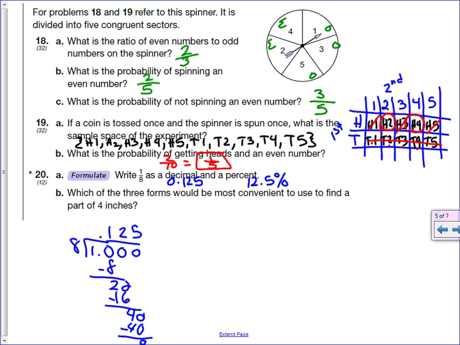And I would say that the fraction form is easiest, because 1/8 of 4 means 1/8 times 4, which is 4 over 1, and 4 and 8 gives me 1/2. So it's easier to do mentally.